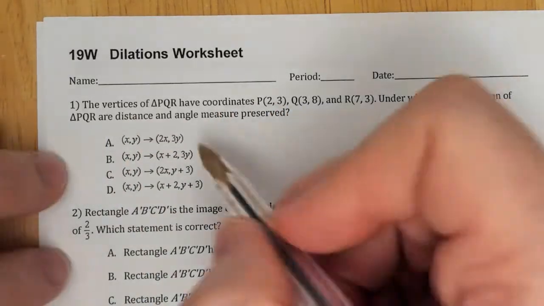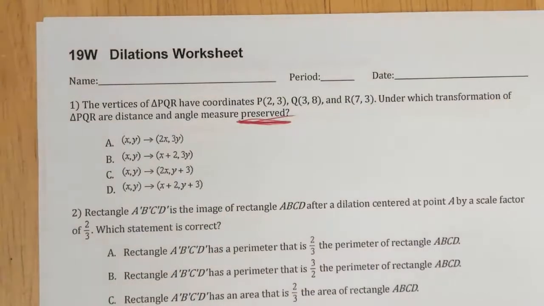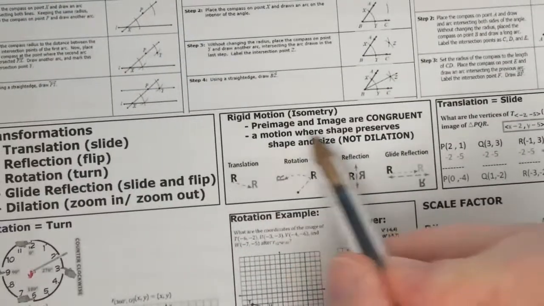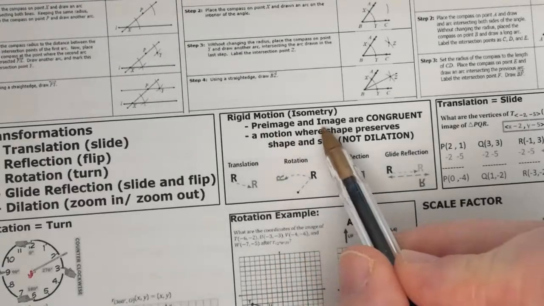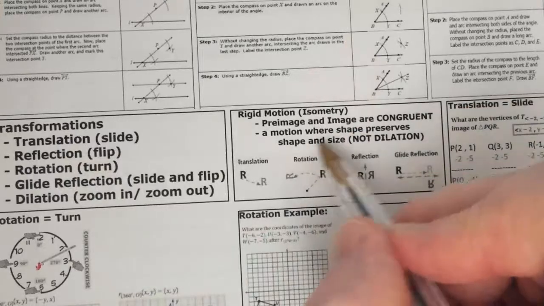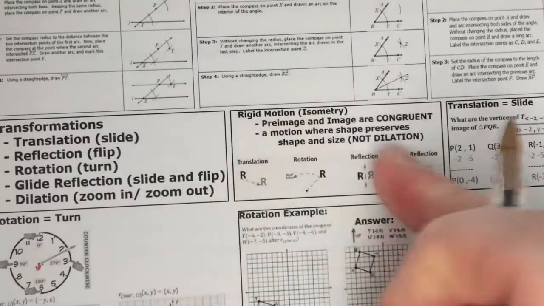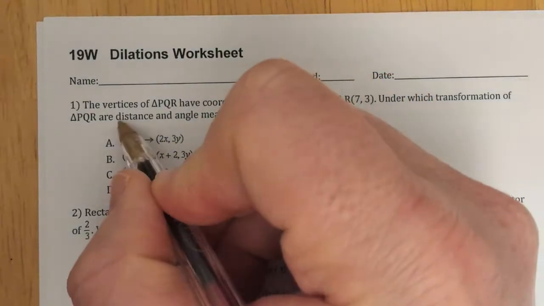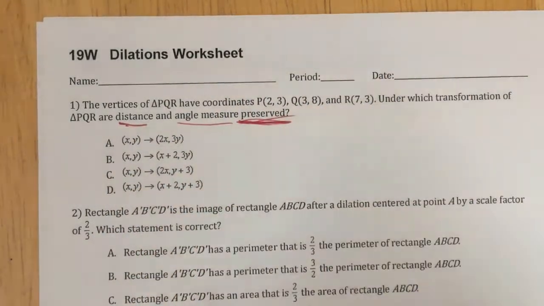So which one of these preserve all the angles and all that stuff? All right, so what preserves everything? So the image is congruent if it's one of these right here, but as soon as it does dilation, that's when you're not preserving stuff anymore, right? But they want to preserve the distance and the angle measure.